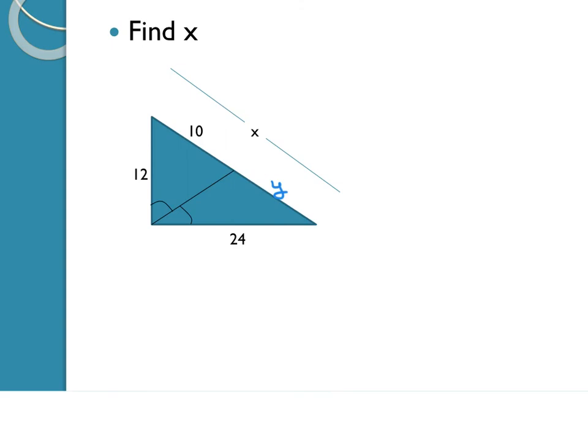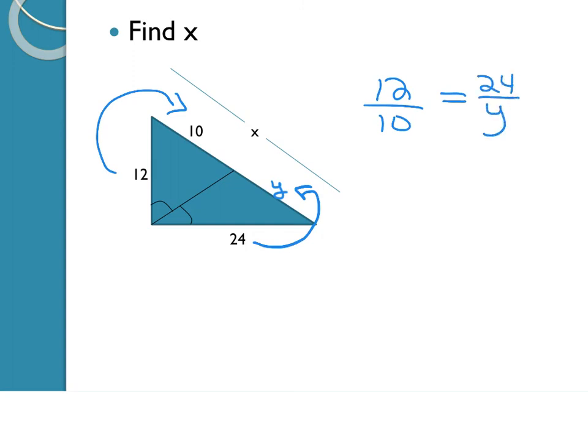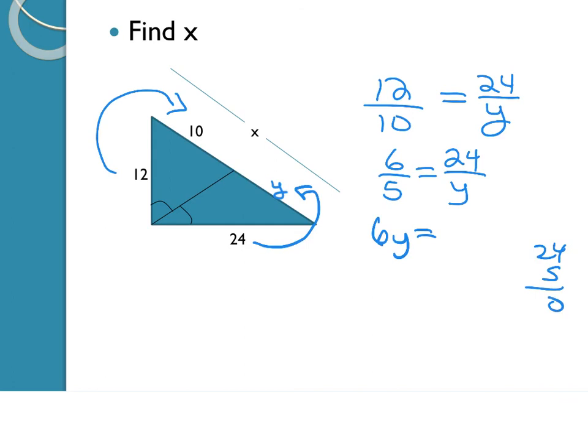So again, we can do this multiple different ways. I could take this side, put it on top of the piece that was split, and then this side on top of here. So if I do 12 over 10, 24 over y, I can simplify 12 over 10, make it 6 over 5. 6y equals 24 times 5 is 120.